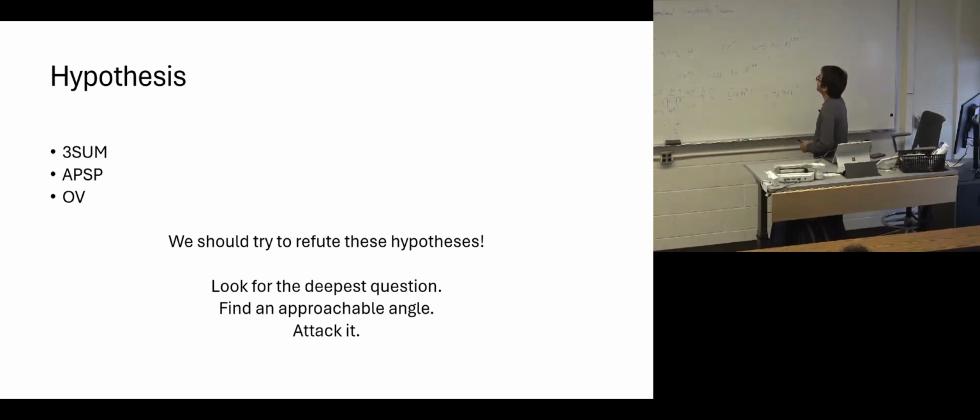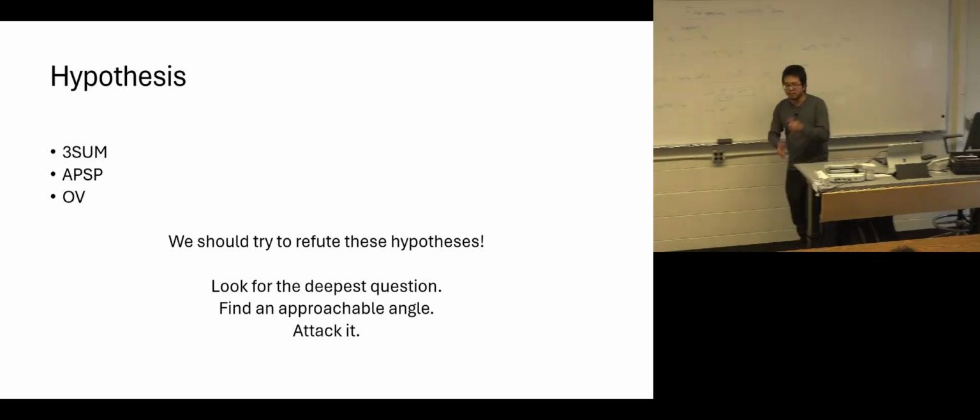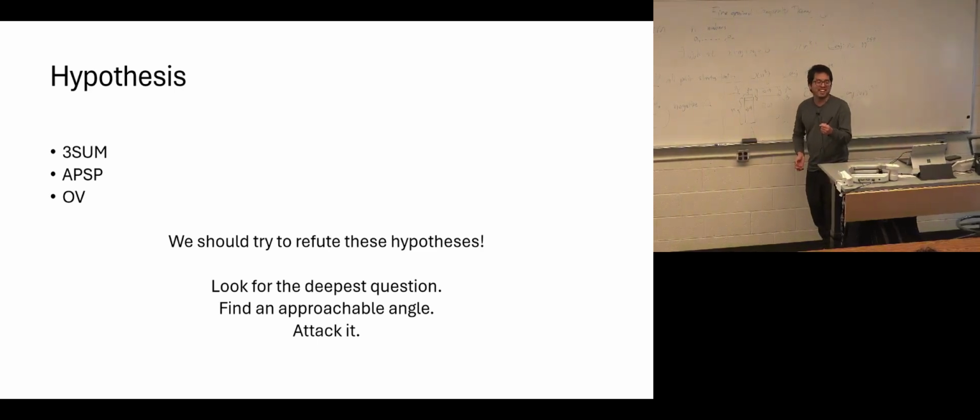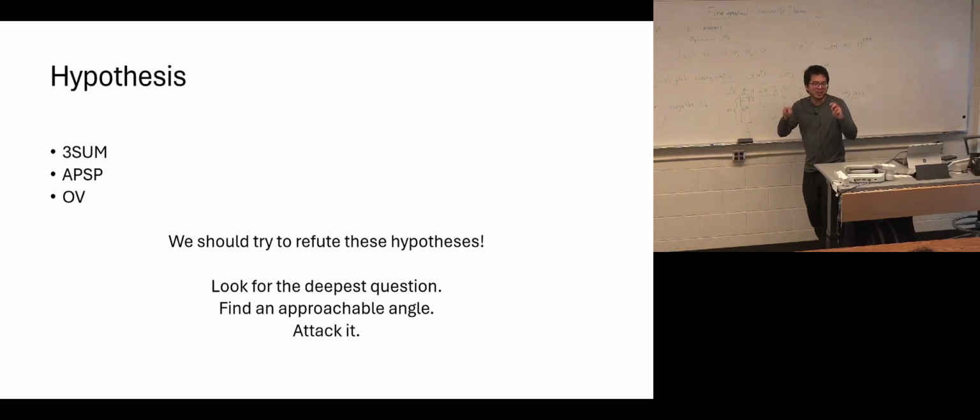The point of this conjecture is that it identifies the important barrier, but the fact that we call it a conjecture maybe makes people feel that maybe we shouldn't attack it. It should be true. But there's no real reason to believe it should be true.